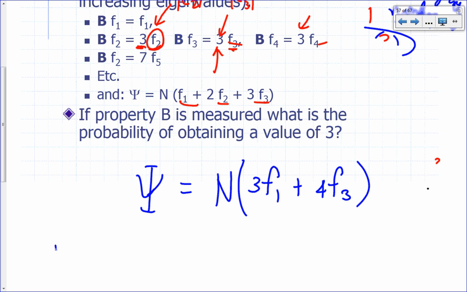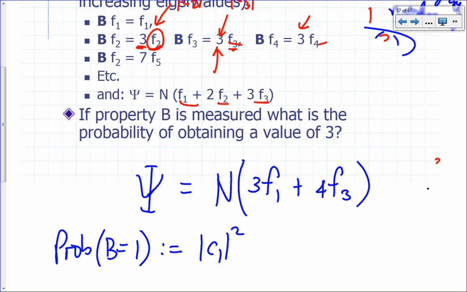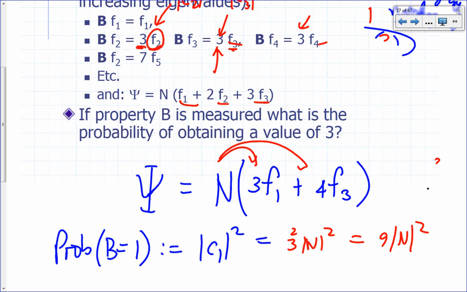What is the probability that the measurement of B will give you 1? That's just going to be equal to what? C1 squared. Okay? So what is C1? 3n, right? So it's going to be 3 absolute value of n squared, so that's 9 absolute value of n squared.